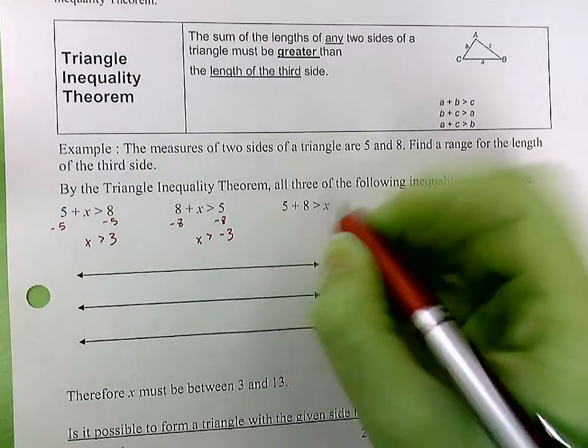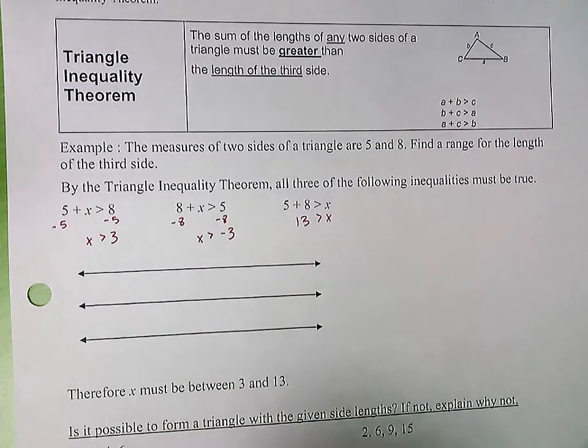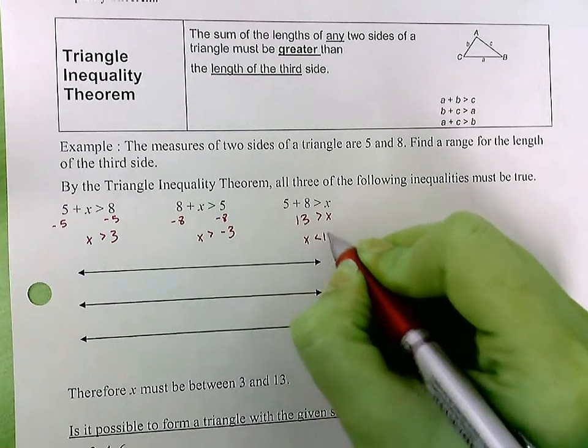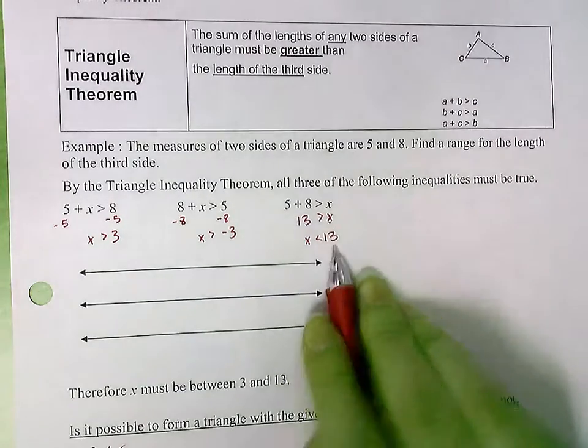Then I have 5 and 8 makes 13, which has to be greater than x. I'm going to rewrite that so it says x is less than 13. If I were to read that backwards, it'd say x less than 13, just so it's a little easier to look at.